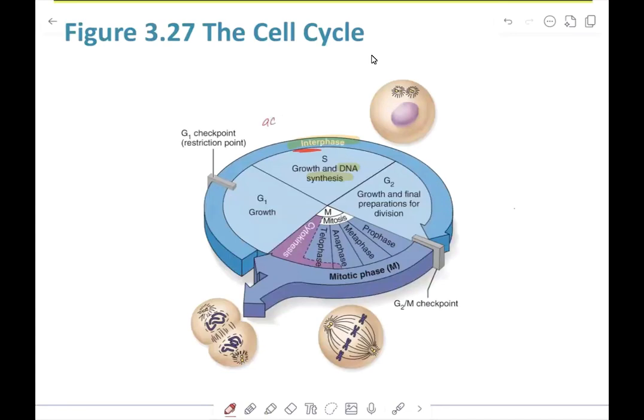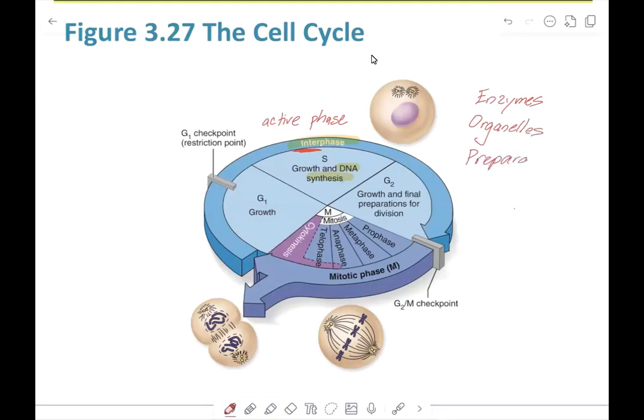It's an extremely active phase, and it's a time period when DNA synthesis is occurring. There's the production of new enzymes, new organelles, and it's the preparation for mitosis.